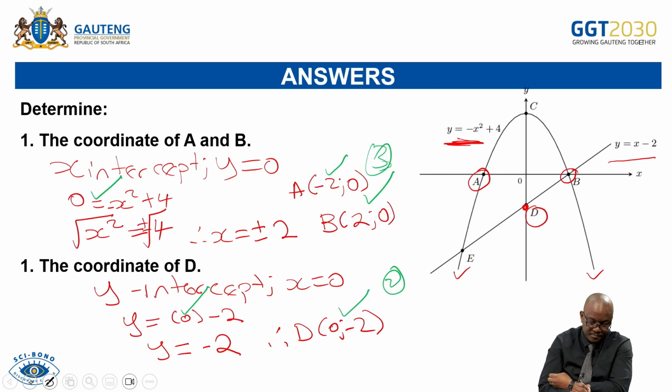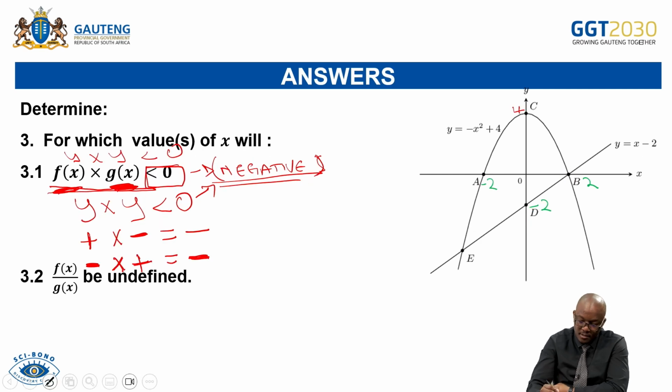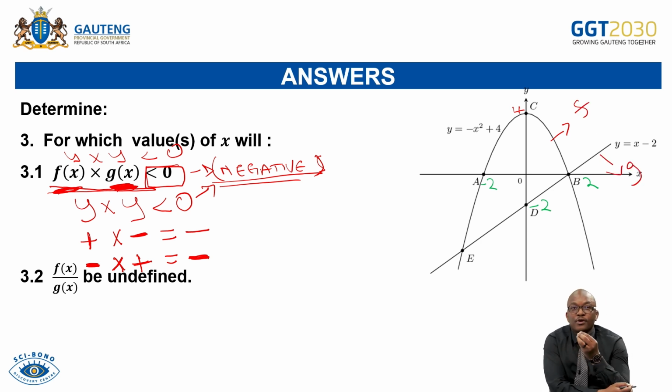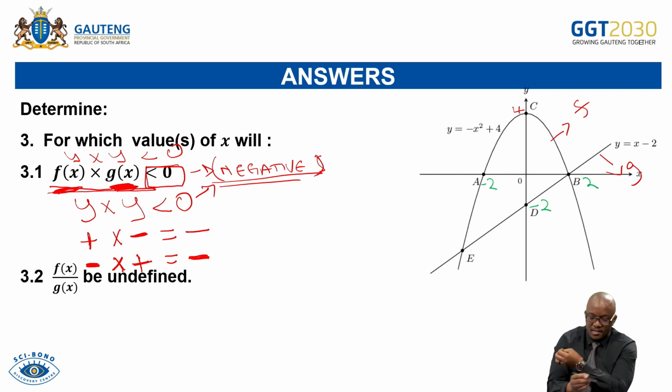This graph is the graph of f. That one is the graph of g. So if the y values of f are positive and multiplied by the y values of g that are negative, then we are going to satisfy the condition that is less than 0 there.